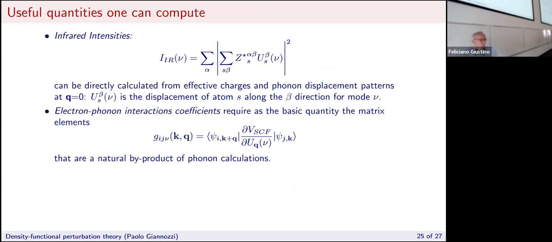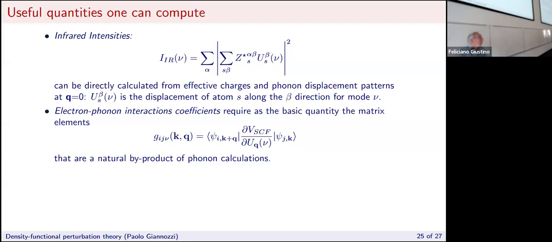Okay, this is not the last version, it doesn't matter. There's a bunch of things that you can compute directly after a phonon calculation using density functional perturbation theory.